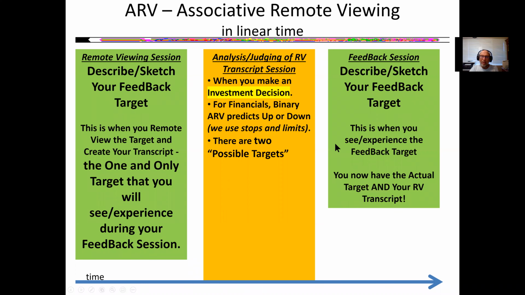Now, there are two possible targets because we're doing binary ARV with two choices. A down, by the way, is really not up. People sometimes ask, what if the price is exactly the same? That's actually a down, but that's very rare.